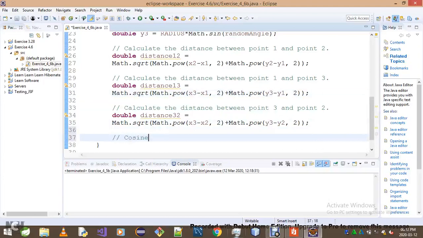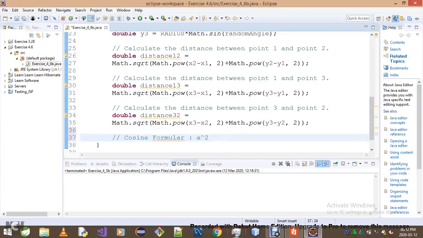Okay, the cosine formula is given as a squared. This is nothing else but one of the 3 sides we have. So it's a, how am I going to express a squared? Let me try to use this over here.